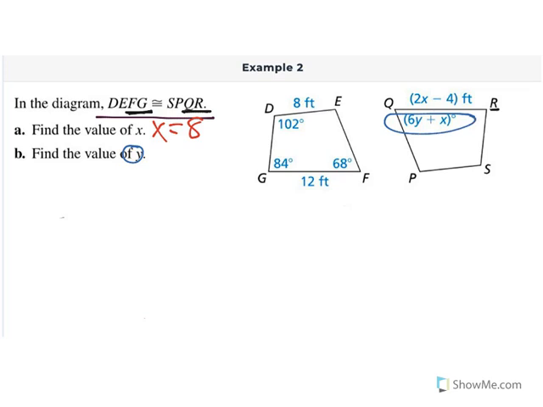Where's our y? There's a y right there in that angle Q. Okay, so we need to know angle Q is congruent to what?